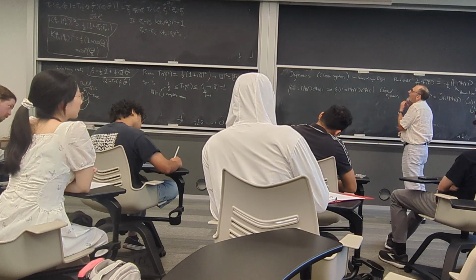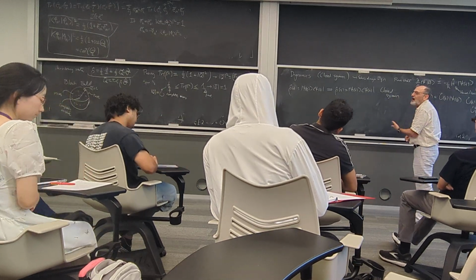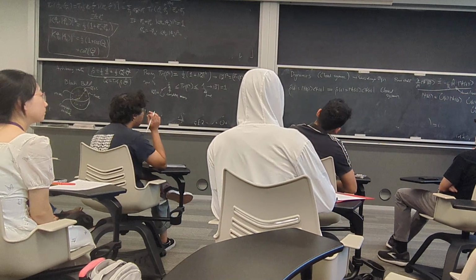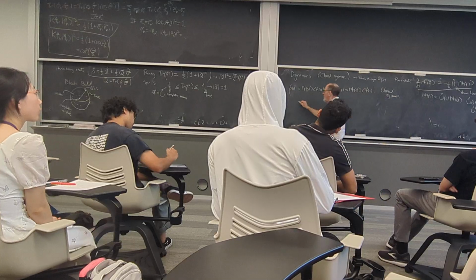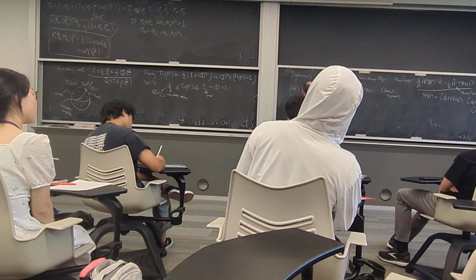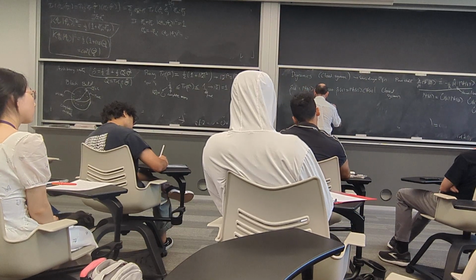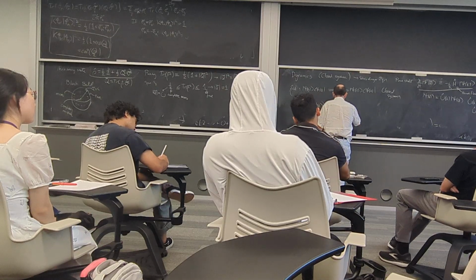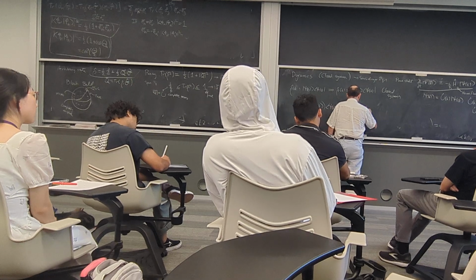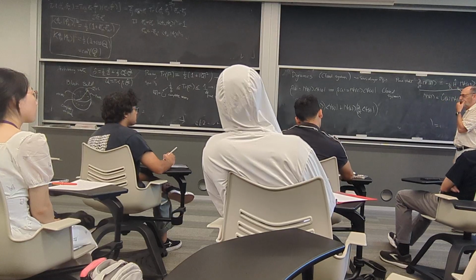And I can now write down an equation of motion for the density operator rather than an equation of motion for the ket. So the rate of change of rho of t is d by dt of the ket times the bra plus the ket times d by dt of the bra, using the product rule.